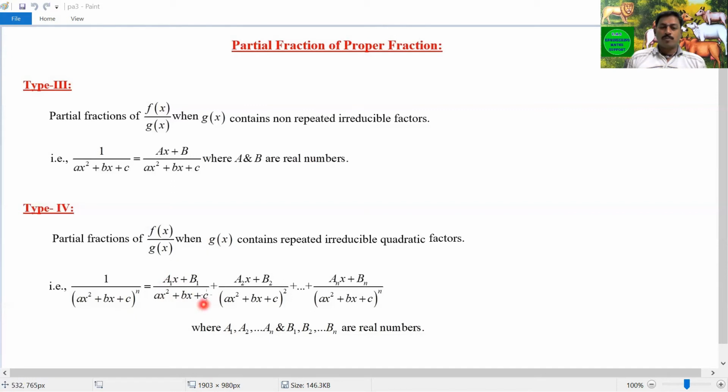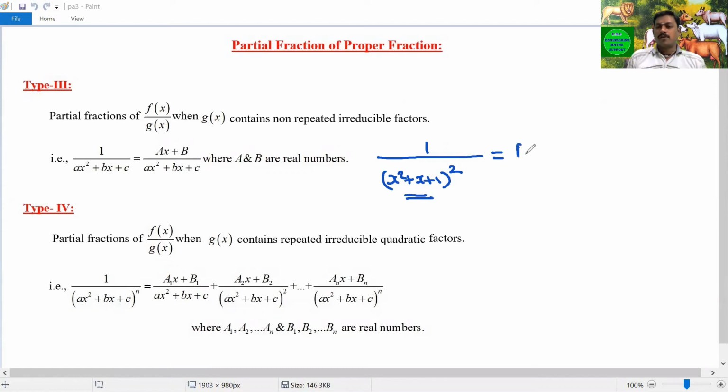Here the power is 1. Here the power is 2. Finally the power is n, where a1, a2, etc., an and b1, b2, etc., bn are real numbers. Example, if you have the fraction with (x square plus x plus 1) whole power 2, it is an irreducible quadratic factor, and the power is 2.